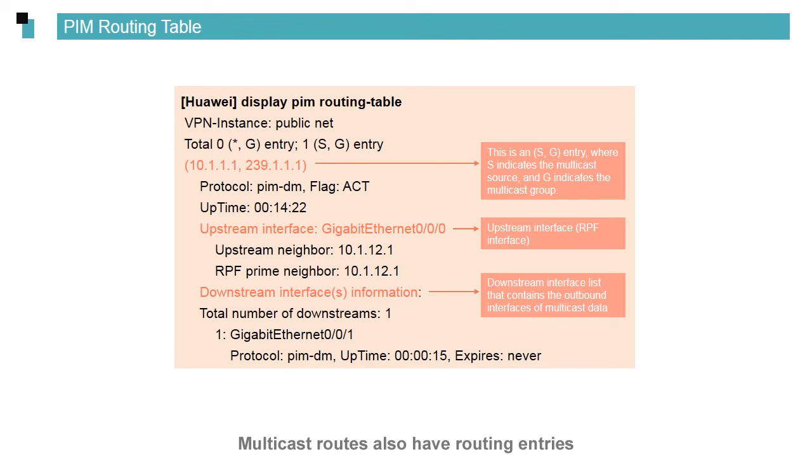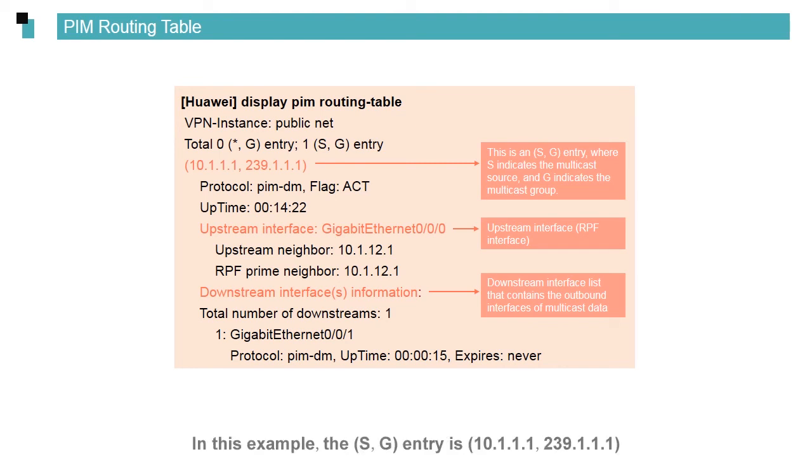Multicast routes also have routing entries. A multicast routing entry first has an identifier, and the entry is in the form of (S, G) for SPTs and (*, G) for RPTs. PIM-DM uses SPTs, so when a router receives multicast data, it creates an (S, G) entry, where S indicates the multicast source and G indicates the multicast group.